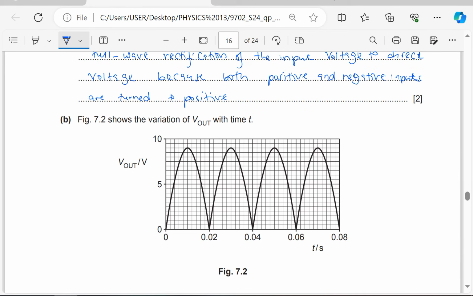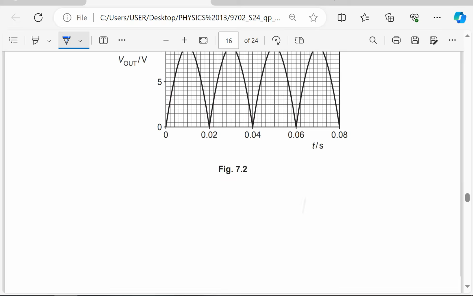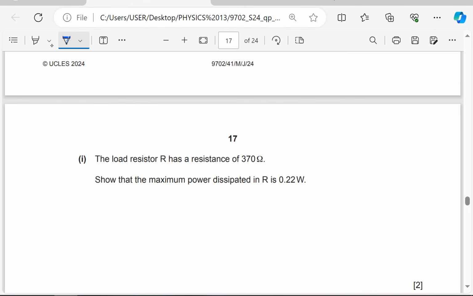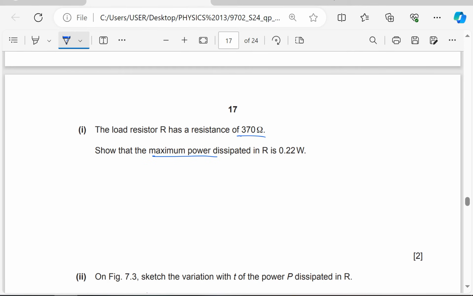output. The figure shows the variation of V out with time t. The load resistance R has a resistance of 370 ohms. Show that the maximum power dissipated in R is 0.22 watts. So if you use the DC values, direct current values, power would be, because we want to find max, we have the resistance and we have the V from the graph.